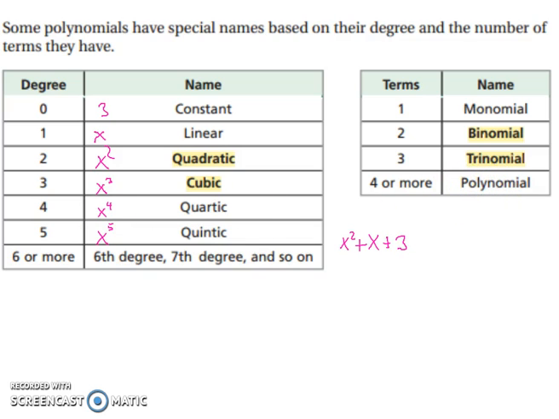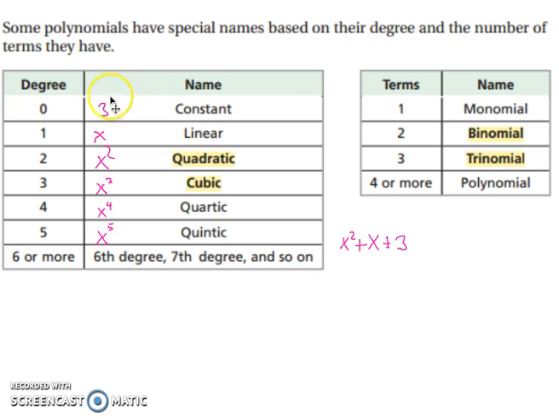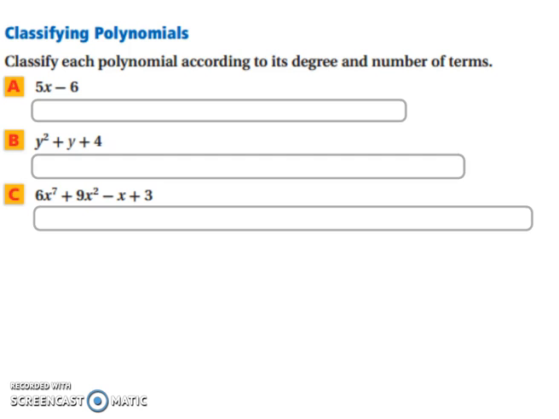Let's practice. So our first one, we have 5x minus 6. So we're going to use a degree and a term to name these. So let's start with the degree. Well, the degree of this polynomial is 1.